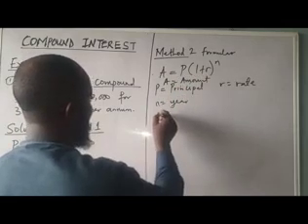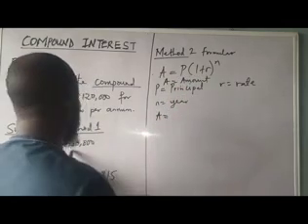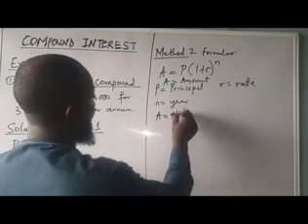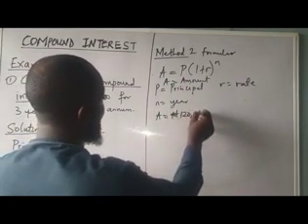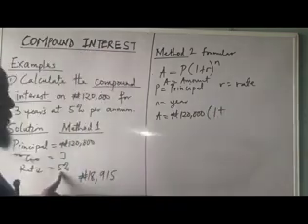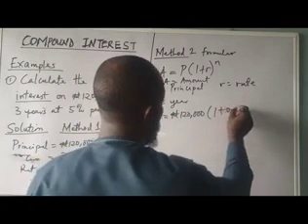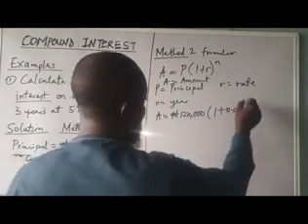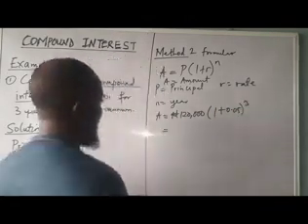So in that case, amount here will be the principal, which is 120,000, into bracket 1 plus the rate, which is 5%, that is 0.05, raised to 3. Let's see what we're going to have.